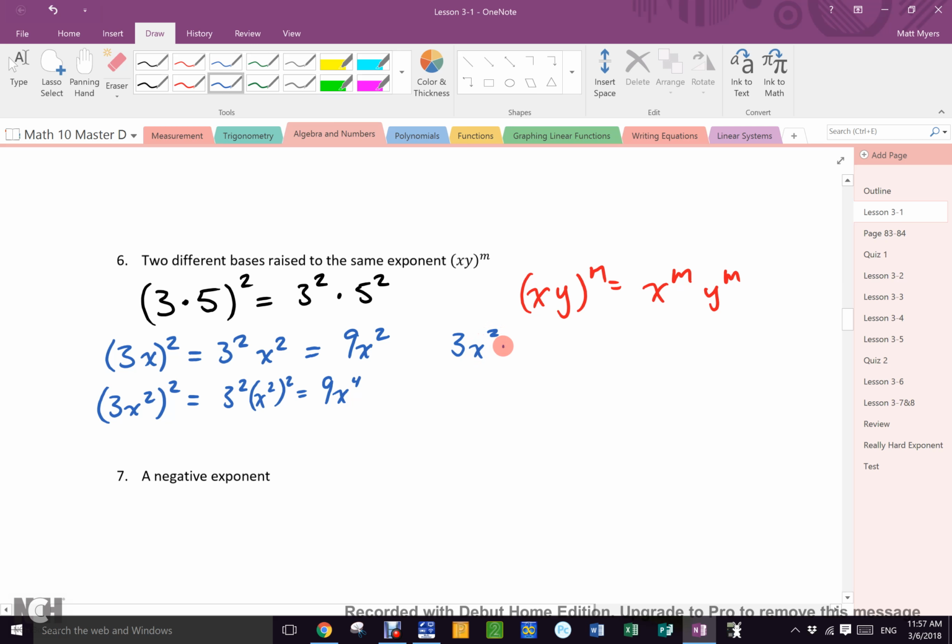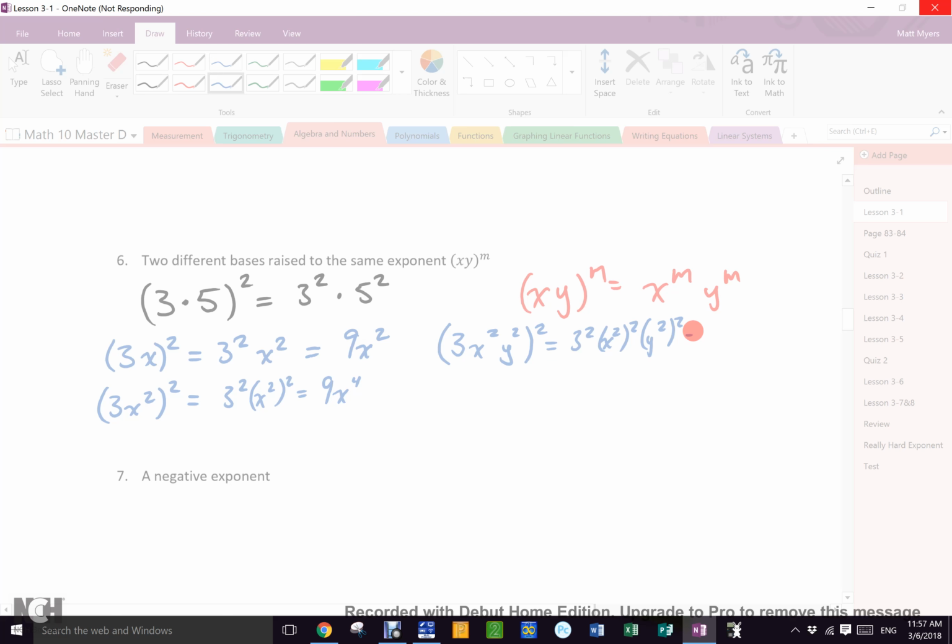3x squared y squared, squared. 3 squared, x squared squared and y squared squared, which would be 9x4y4.